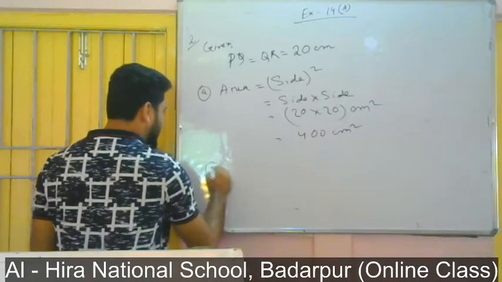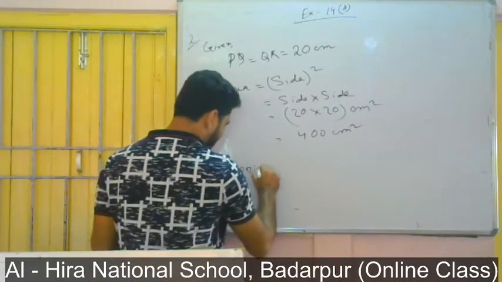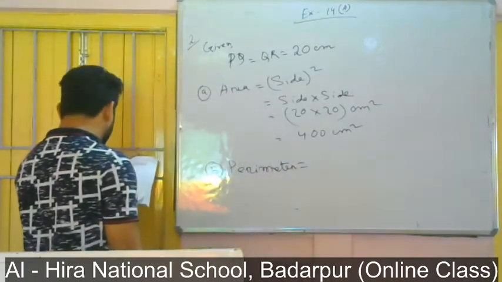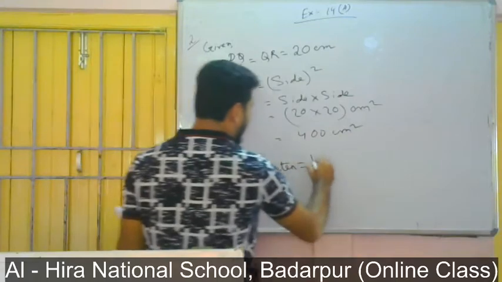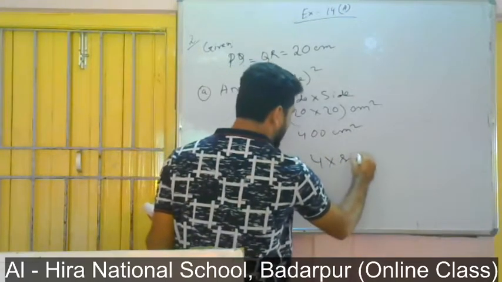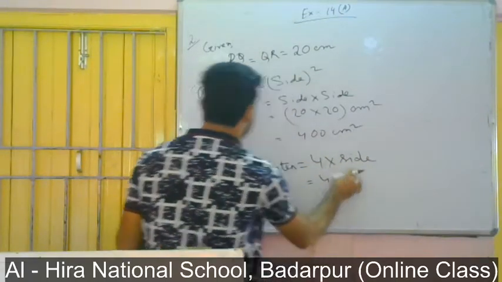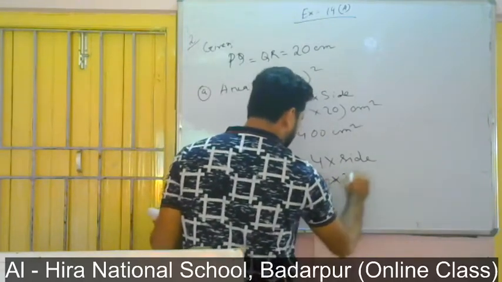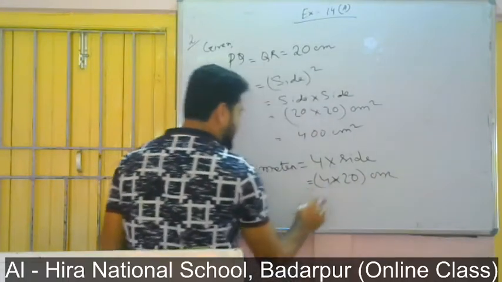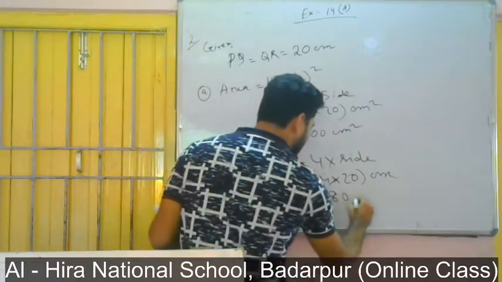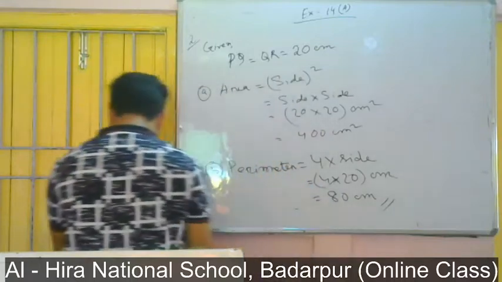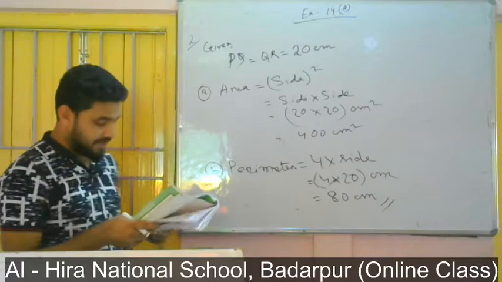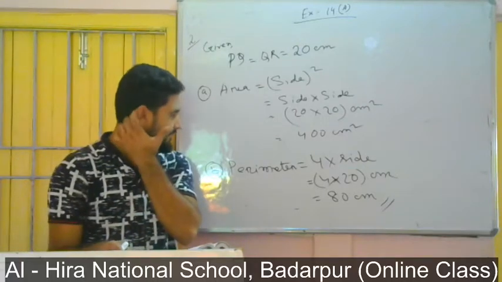Now we have to find the perimeter. Perimeter will be 4 into side, so 4 into 20, which is 80 centimeter. That is the answer. 400 centimeter square is the area and the perimeter is 80 centimeter.